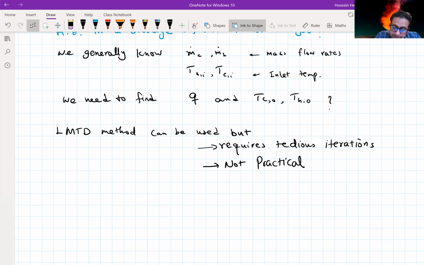So we go for another approach. Another alternative to the LMTD method was introduced by Kays and London in 1955, called the effectiveness-NTU method, which I will discuss very soon.